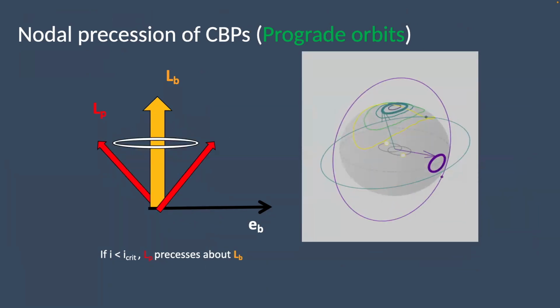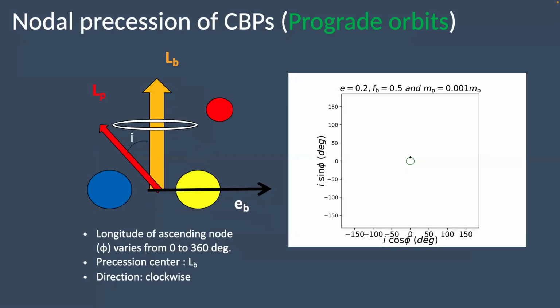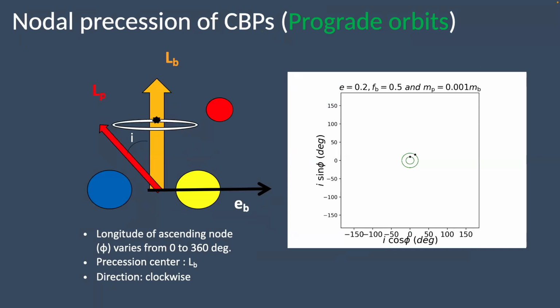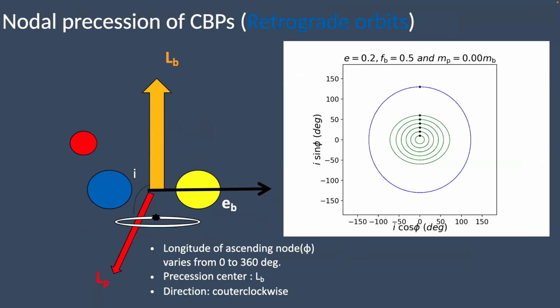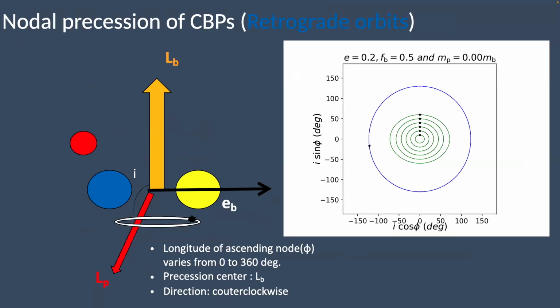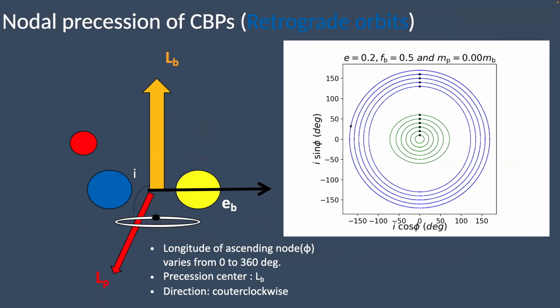Here is the 3D diagram. If we project to the i-Omega phase plot, we can see it's 10 degree precession. If you keep increasing the inclination, it still precesses about L_b. And if it's a retrograde orbit, it's the same, L_p also precesses about L_b, but in the counterclockwise direction.